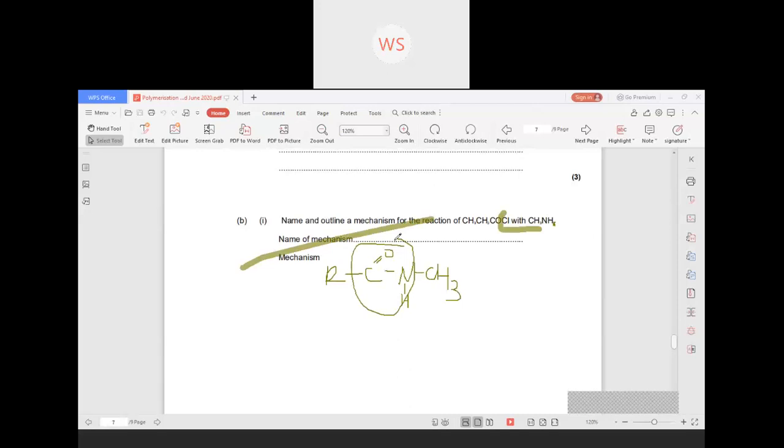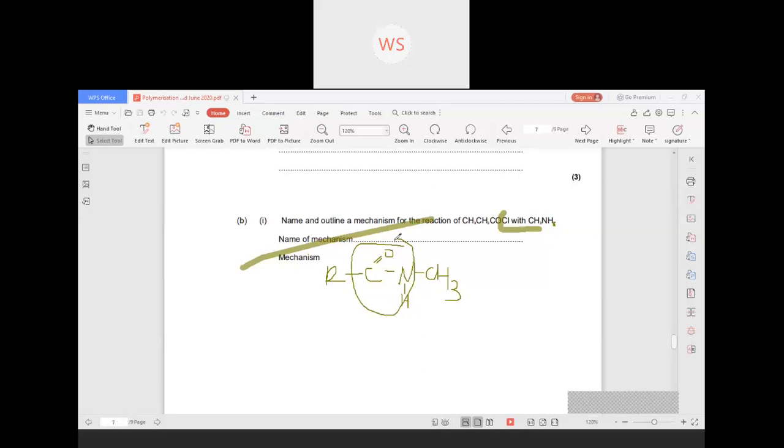Oxidation? No, oxidation is a reaction with oxygen. Please don't tell me it's a reduction. It is addition. Just addition.